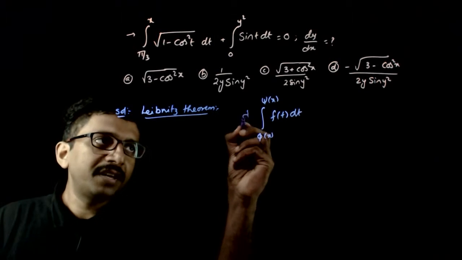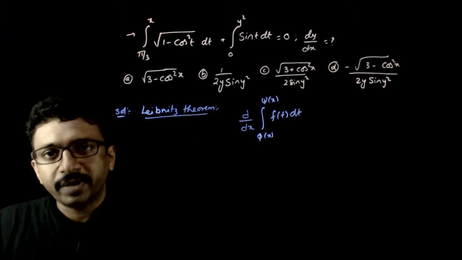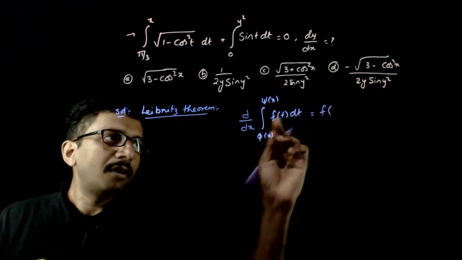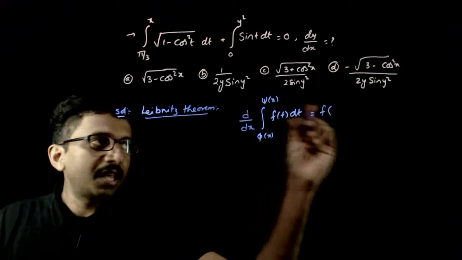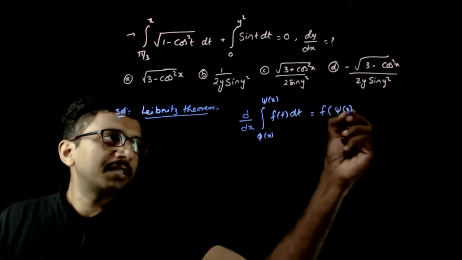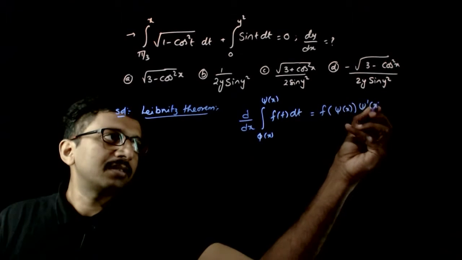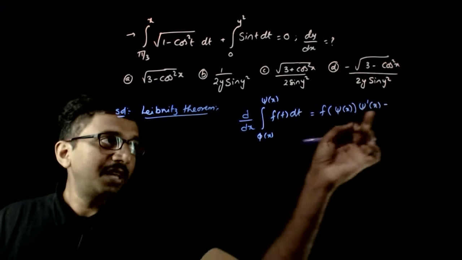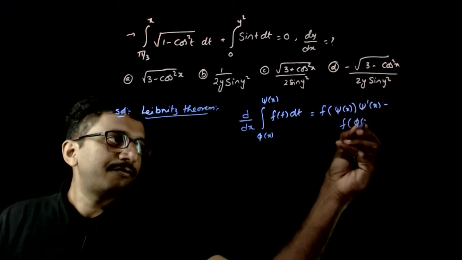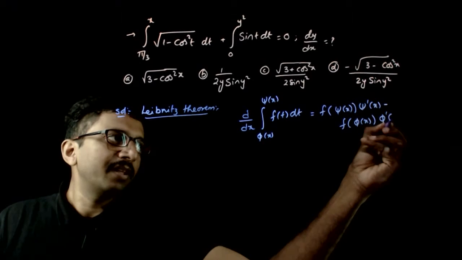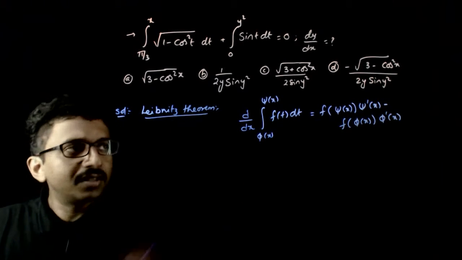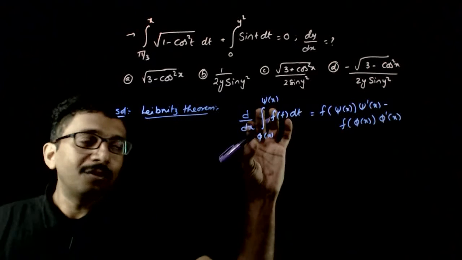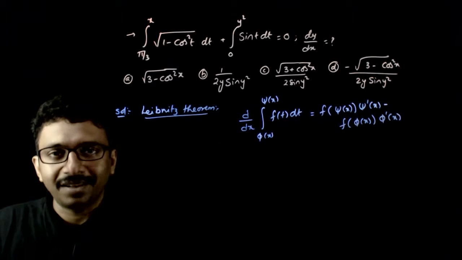And if you want to differentiate this function with respect to x, this is equal to f of xi of x, in place of t you put xi of x first, into xi dash of x, minus f of phi of x into phi dash of x. So this is how you differentiate an integral whose limits are in terms of x.